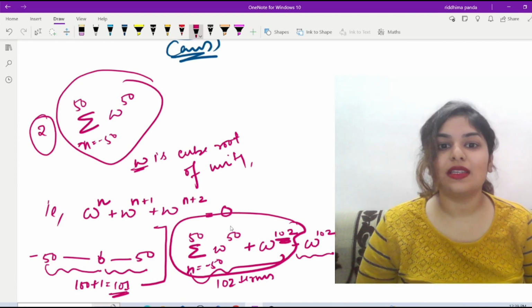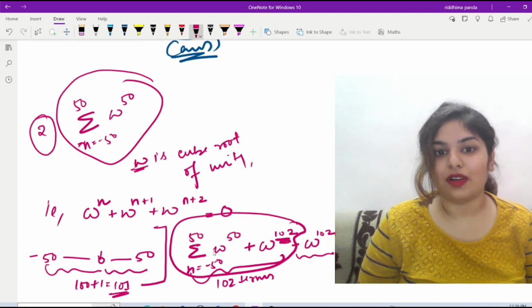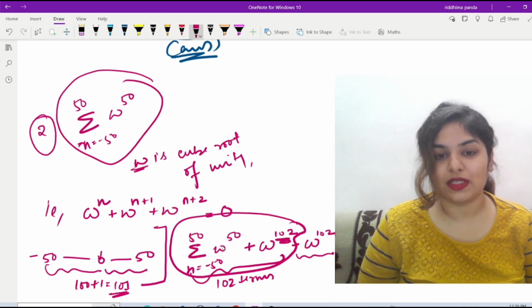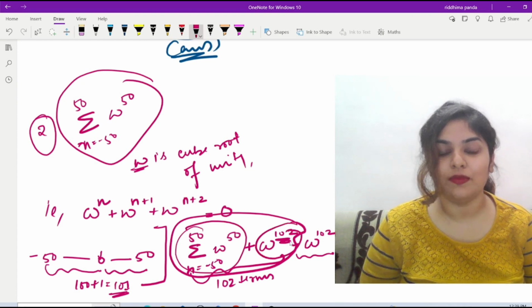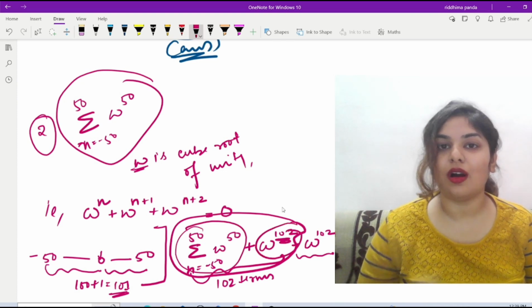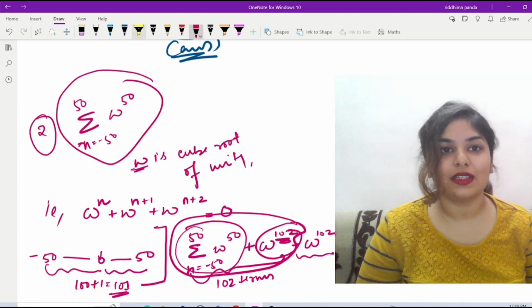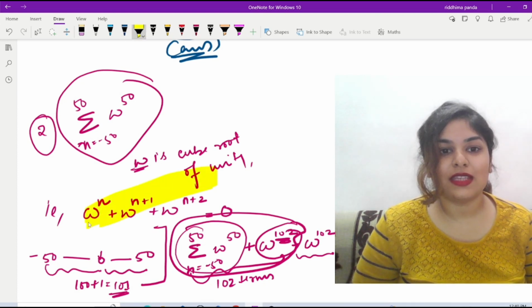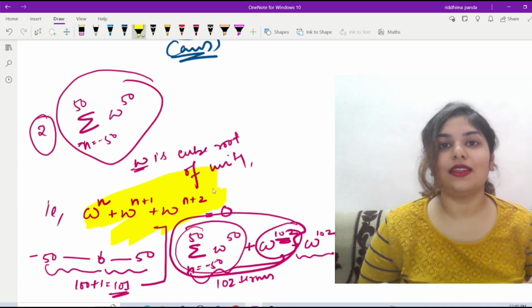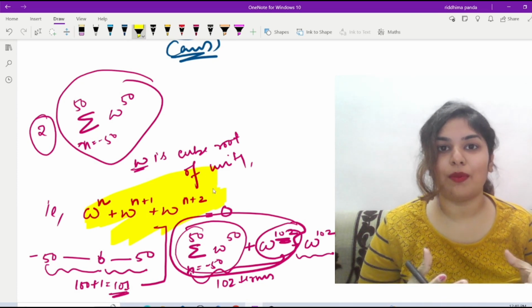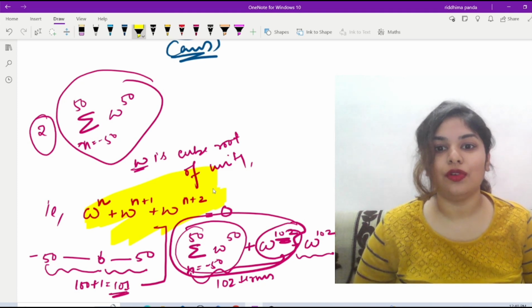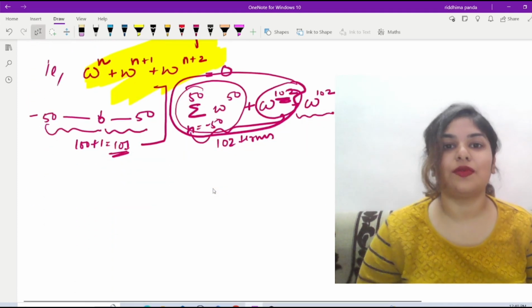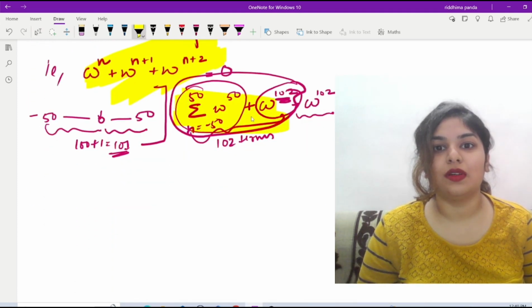That means the summation of omega to the power n, that is the cube root of unity, we have 101 terms plus 1 term, such that the power can now be written in the form of a cube root. Then from this statement, that is the series of this type of number with consecutive powers is 0. So that means these 102 terms are 0.